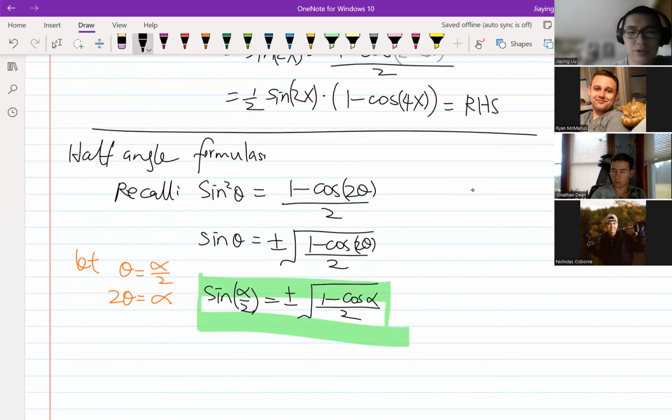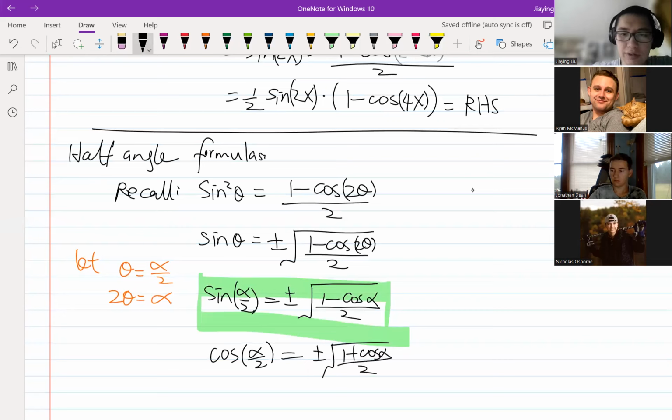And similarly, there are two other formulas. One is the cosine half angle formula, cosine alpha over 2, which is plus minus square root of 1 plus cosine alpha over 2. Again, it's just like the previous one. We take the cosine squared formula, take the square root on both sides, and then substitute theta with alpha over 2.